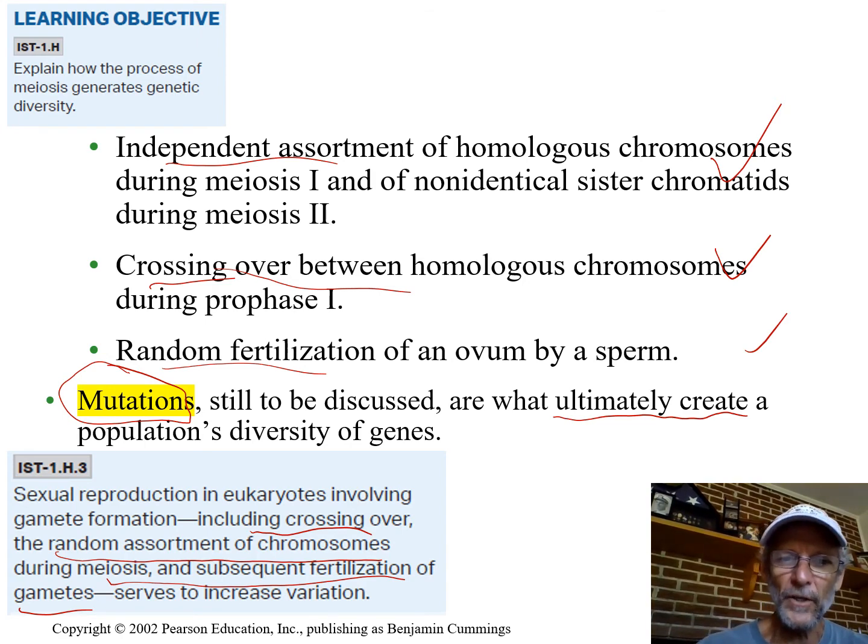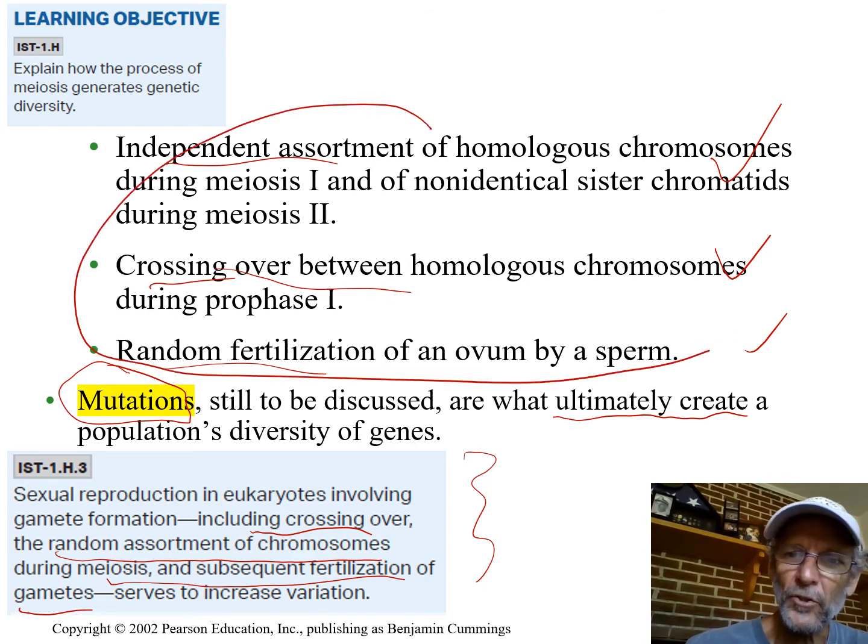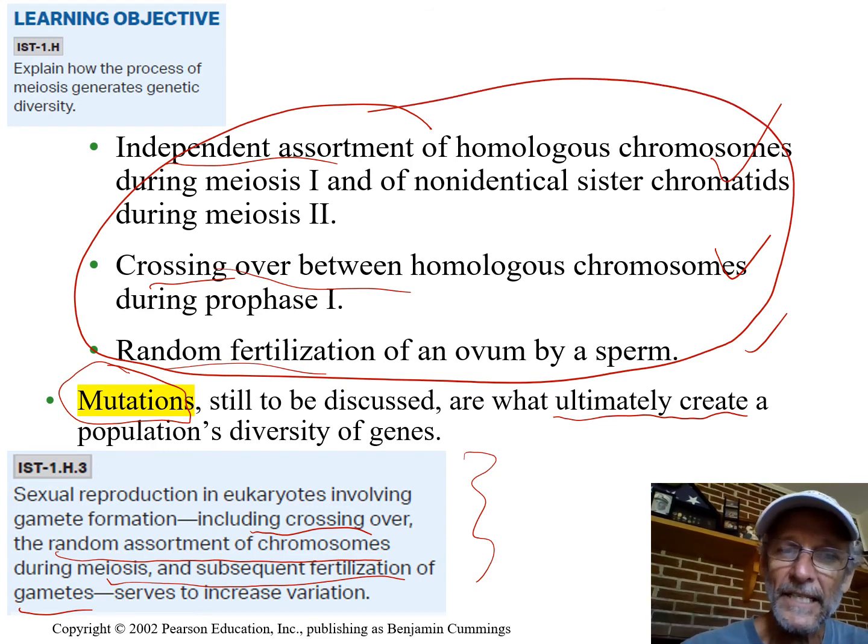So mutations are in this list, but here we're focusing on the variety causers that have to do with meiosis and then fertilization. Therefore, again, sexual reproduction involves these and asexual doesn't, just to emphasize that.